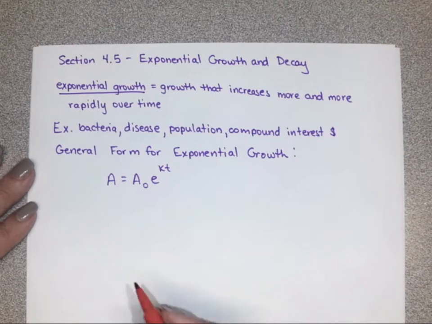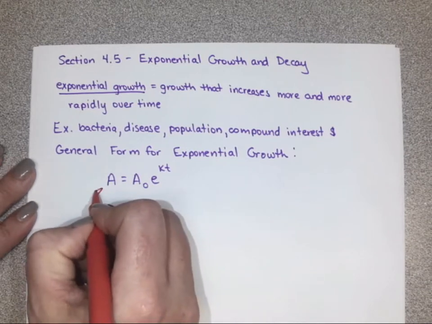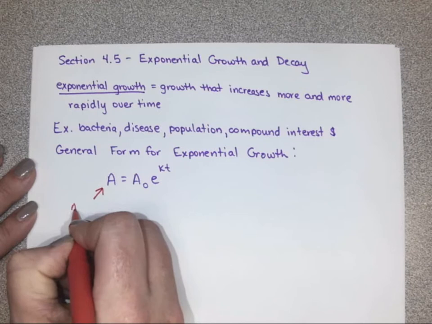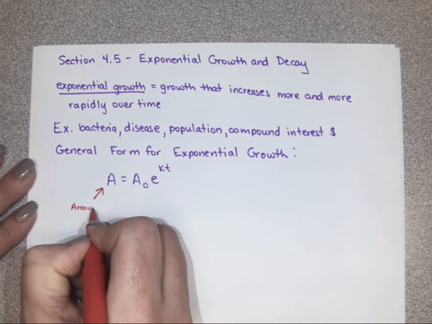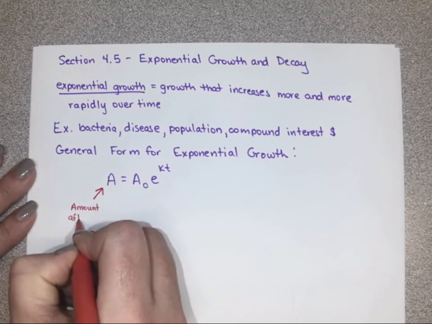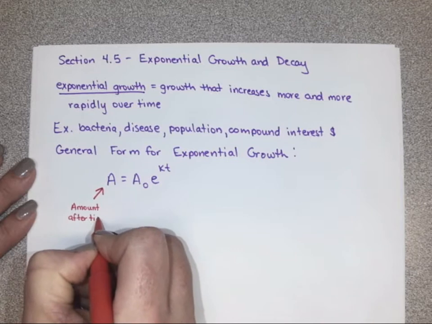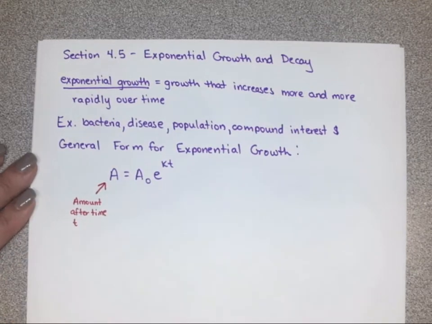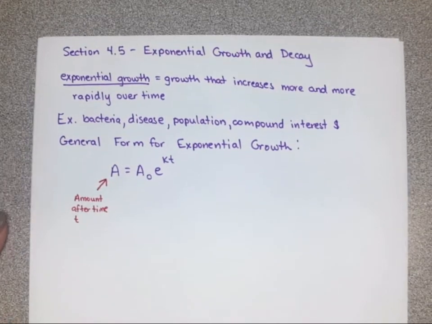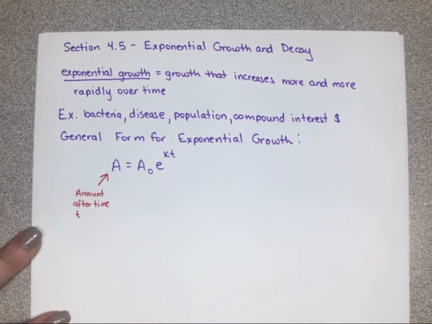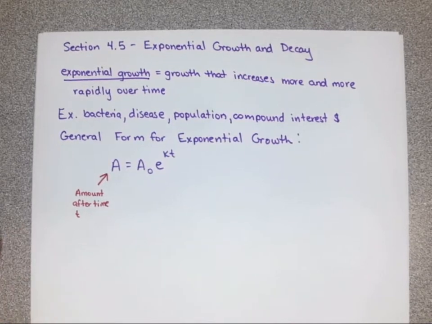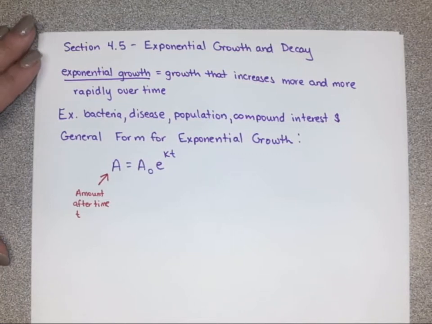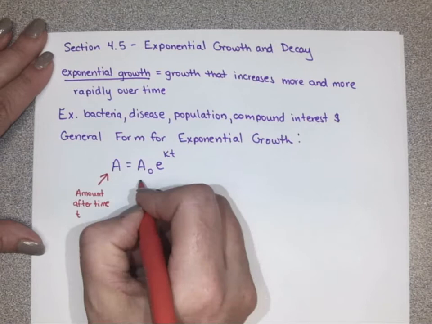So just to let you know what each thing is, A is the amount after time t. In this case with money, we were always talking about years, and just know that here we may not be talking about years. With bacteria or disease, it can grow by the hour sometimes, or even by the minute if it's super aggressive.